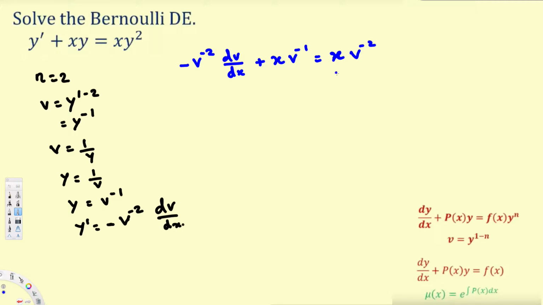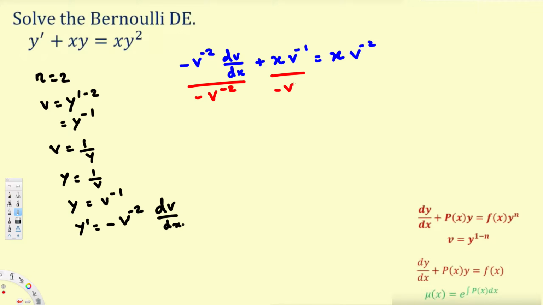Now we have this, and this is still not in the linear first order differential equation pattern, because to have that, we have to have dv by dx alone in the first part. So to get that, we divide everything by minus v power minus 2.